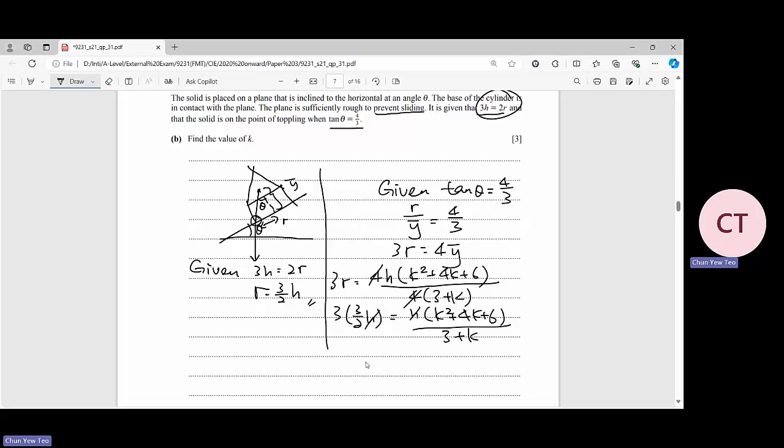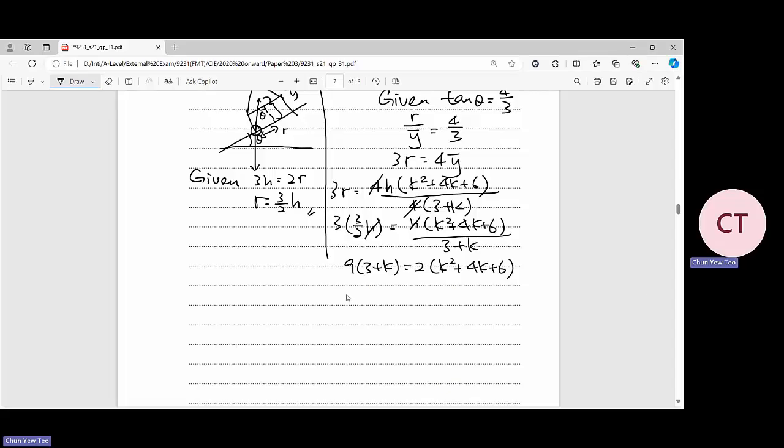So the h can cancel off. Then you can have 9 multiplied 3 plus k is equal to 2 times k squared plus 4k plus 6. We try to get rid of the fractions, try to get rid of the denominator.